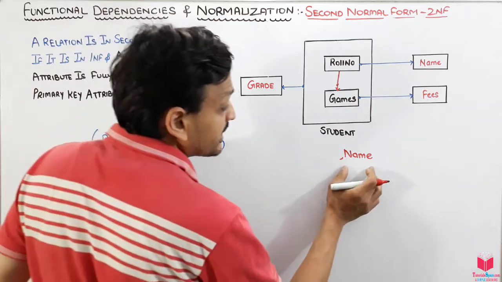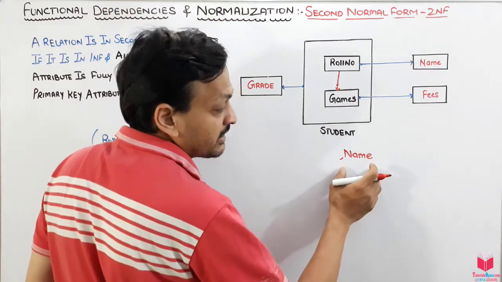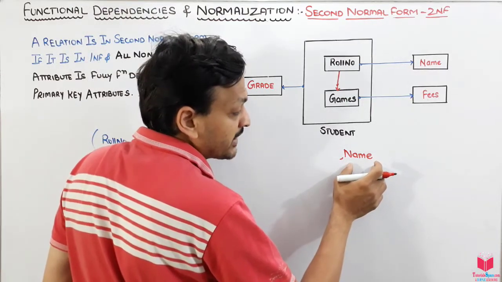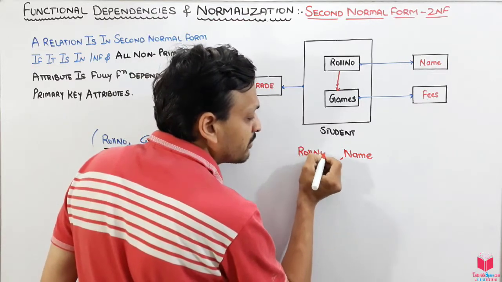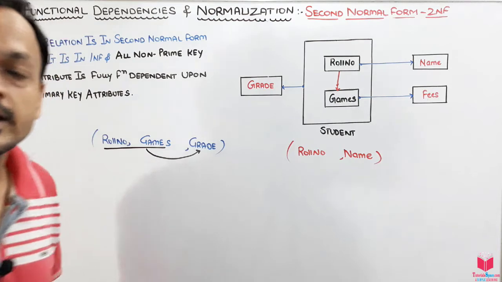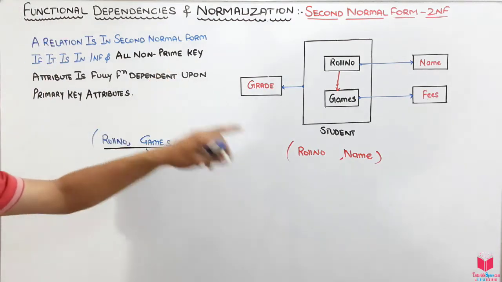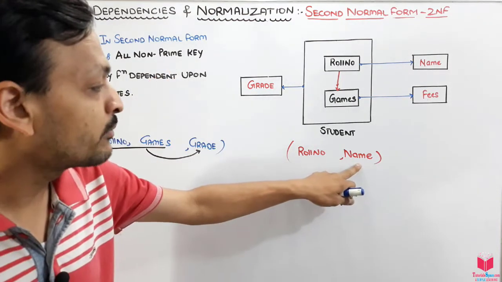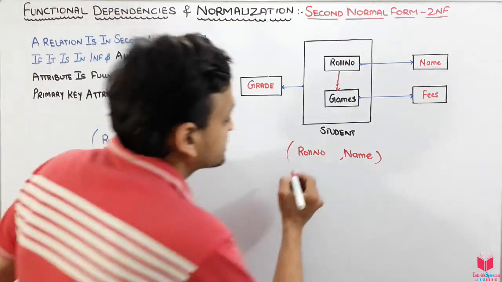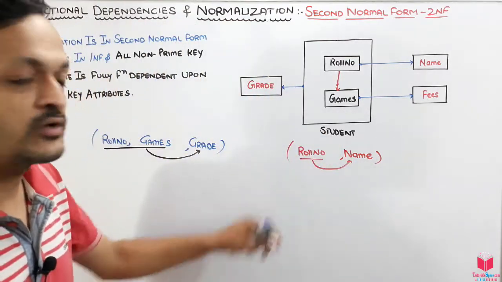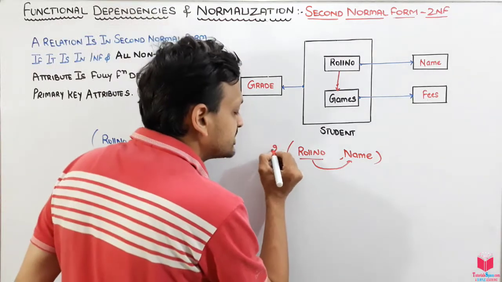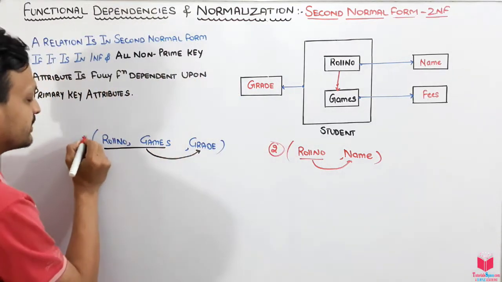So I can make a table in which name, a non-prime key attribute, is fully functionally dependent upon the prime key attribute, that is the roll number. This is another table. The definition is satisfied here because the non-prime key attribute is fully functionally dependent upon the prime key attribute. So that is also in second normal form. That is the second table, and this is the first table.